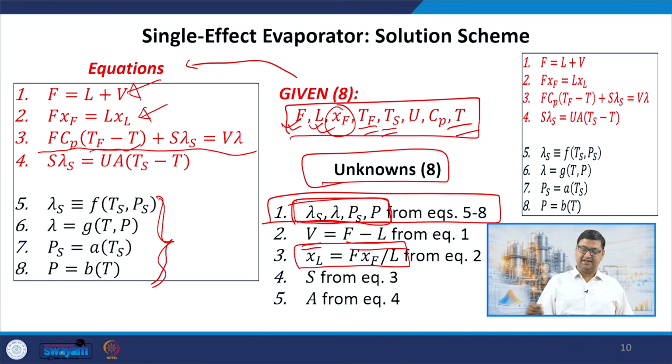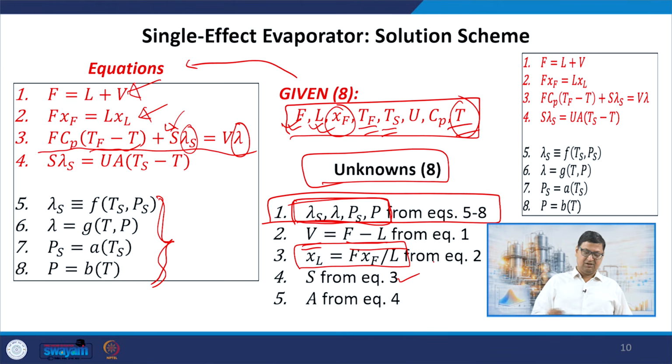I also know TS, and since I know TS, I can evaluate lambda S, which is a function of TS, and I can evaluate lambda, which is a function of T, because I know T, right? So the only unknown in the third equation is now my S, which I can get from equation 3.